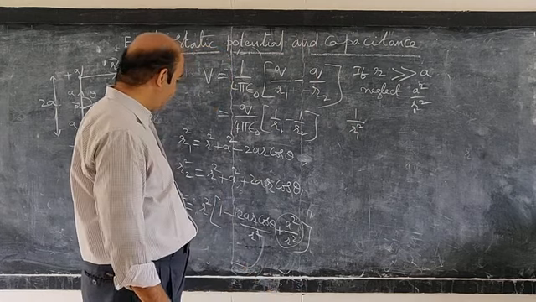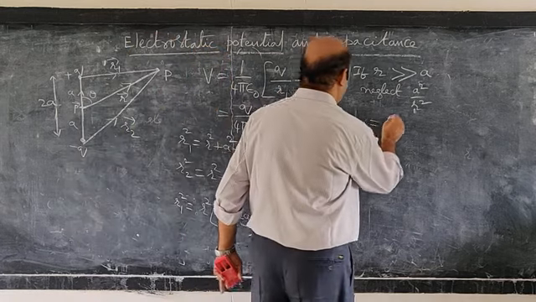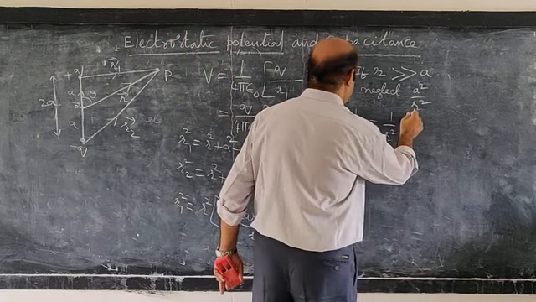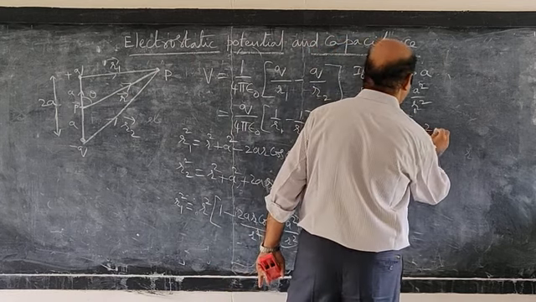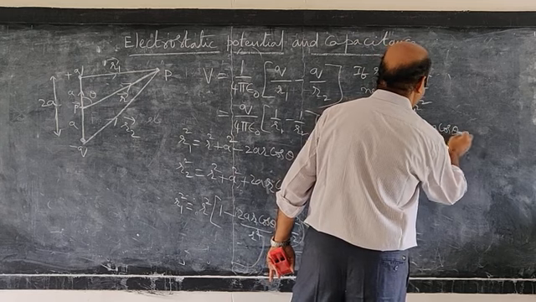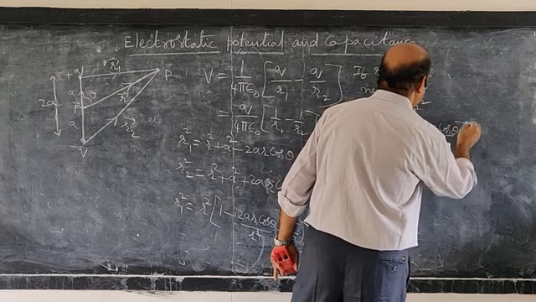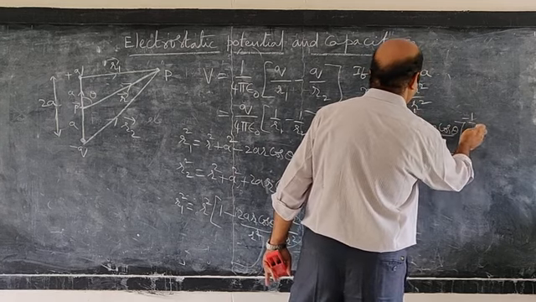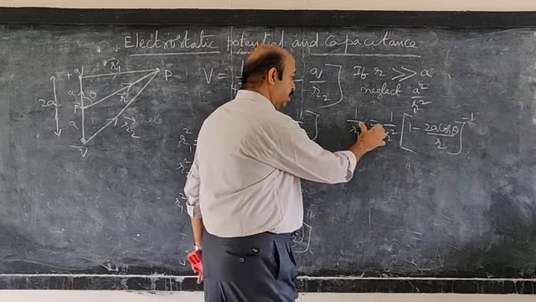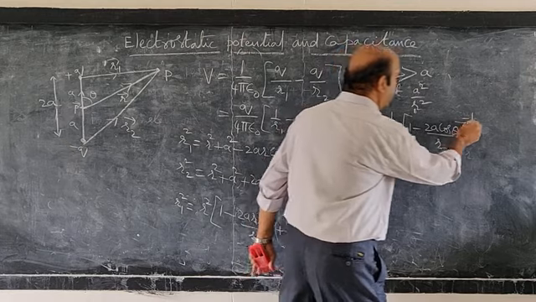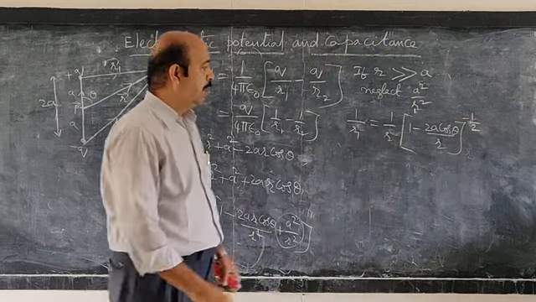So I am taking 1 by R1 square is equal to 1 by R square, and in the brackets you will have 1 minus 2a cos theta by R to the power of minus inverse. Now if I take the square root, I can take these two outside and write like this.